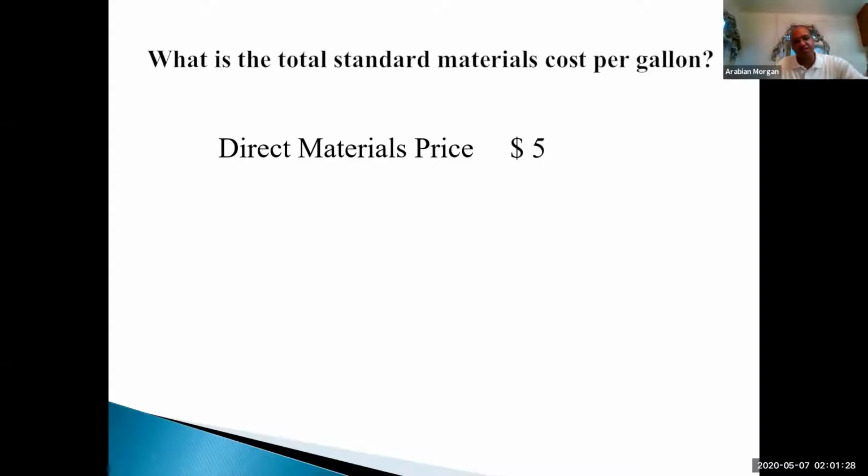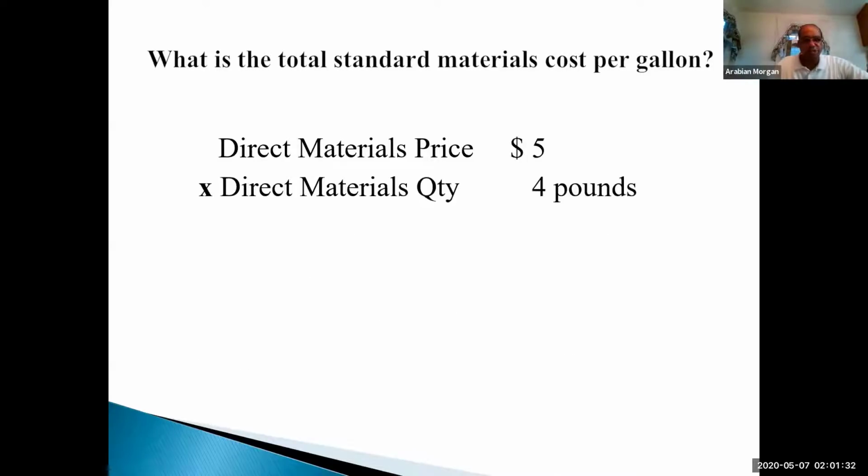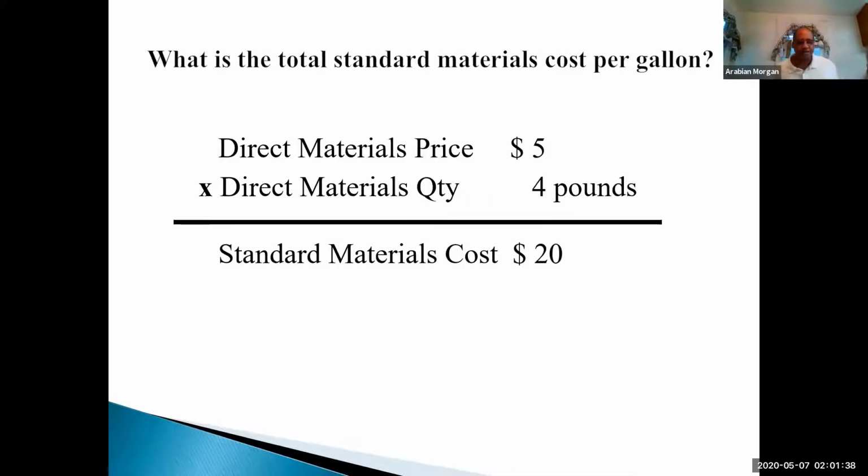So we've got the direct materials price, which was $5. That was number 1. And in number 2, we had 4 pounds. So I'm going to multiply those together and get $20. The standard material cost here for making 1 gallon is $20. So it should cost us $20 in material cost. Okay. Questions on this, please.